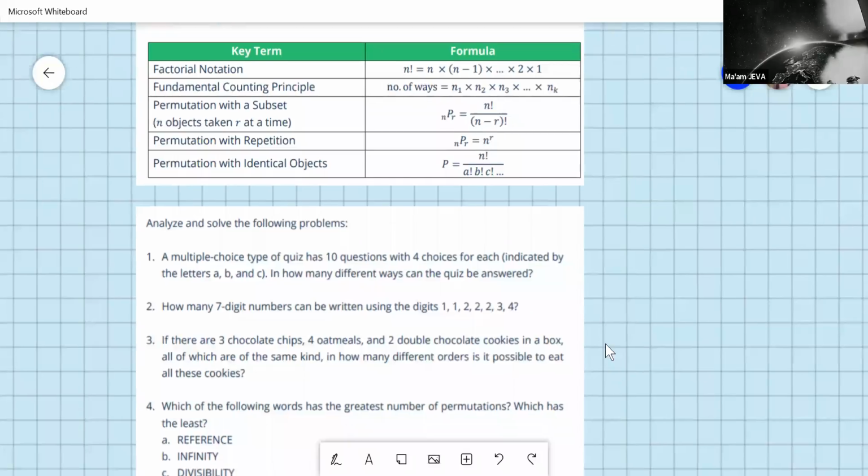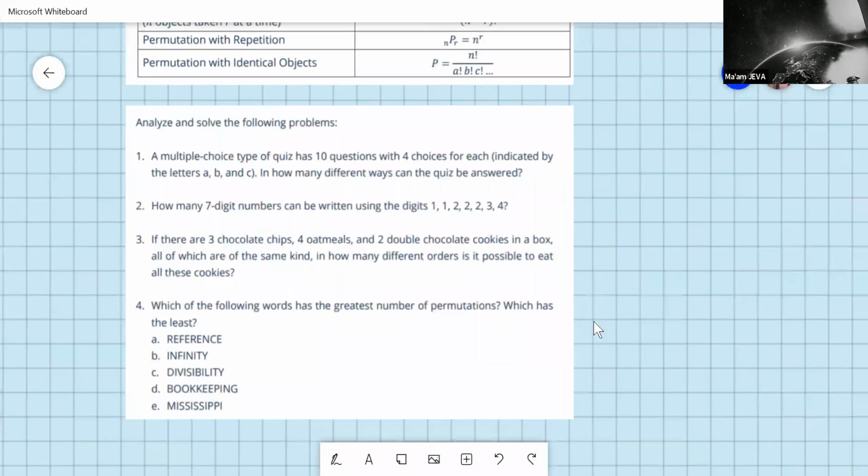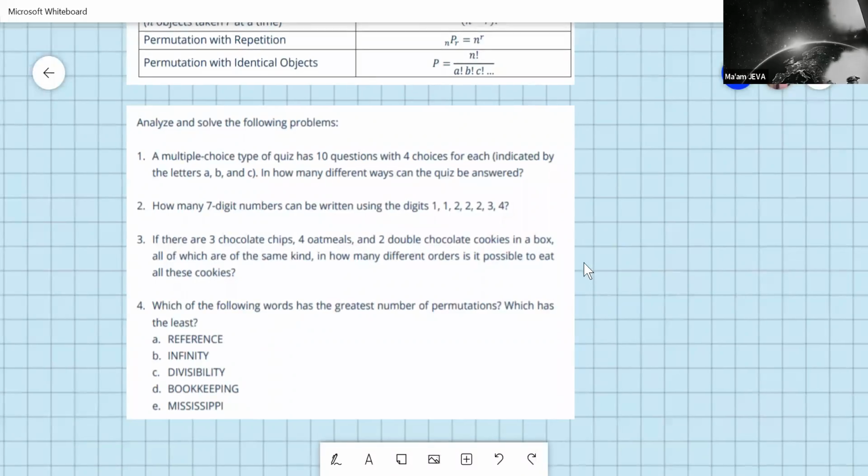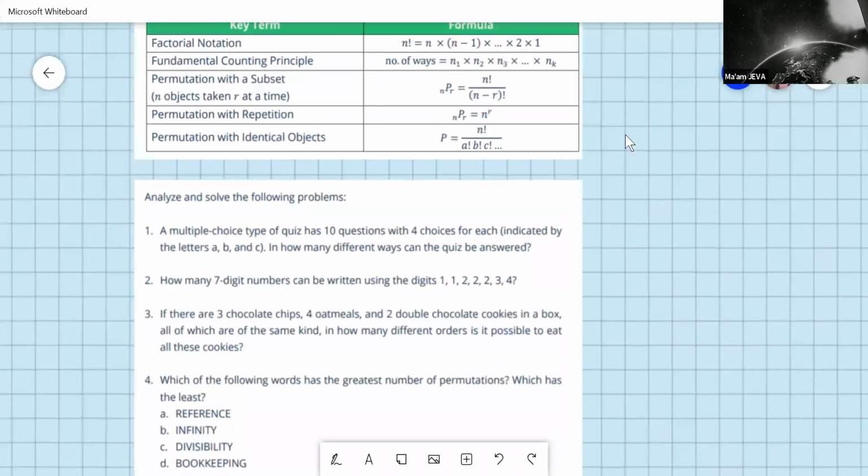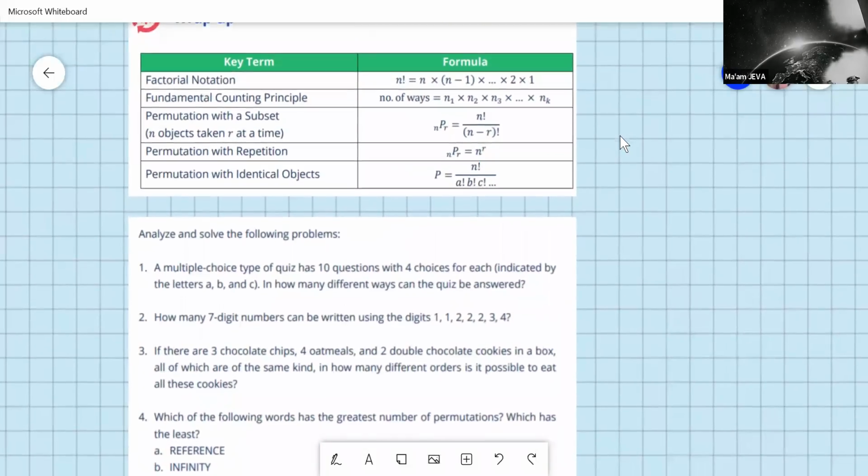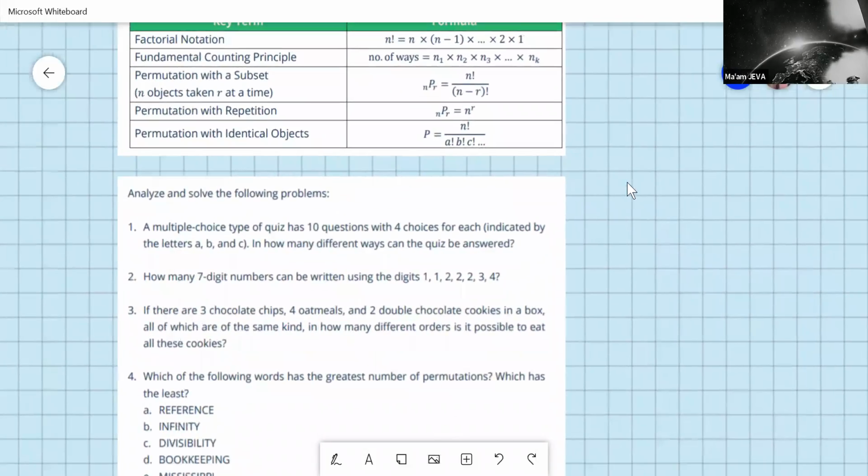If you want to solve them first, it's your call. I'll give you about 6 to 7 minutes to analyze and solve these problems. My minimum requirement is just to identify which formula you are going to use.